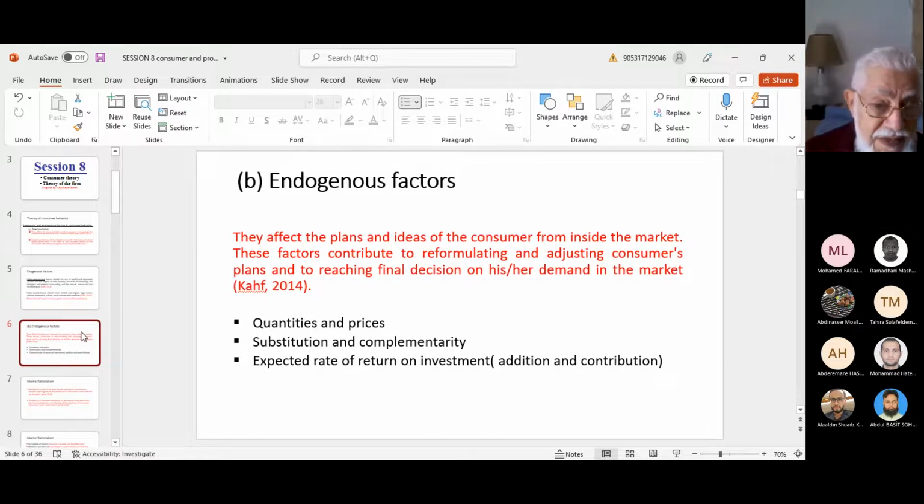So these elements are added elements, they give better explanation and better understanding of consumer behavior in any society, and regardless in fact also of religion, whether Muslim or non-Muslim.